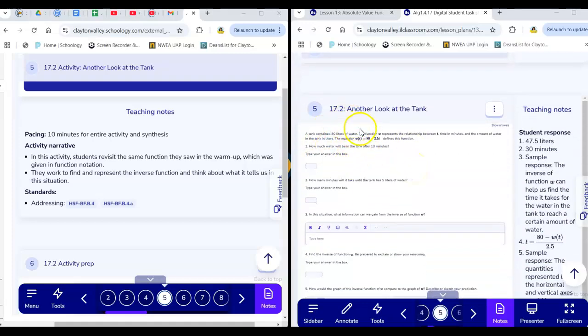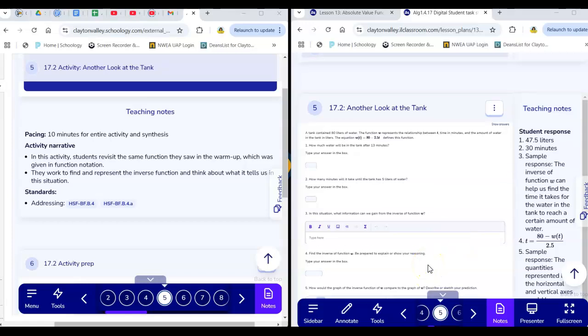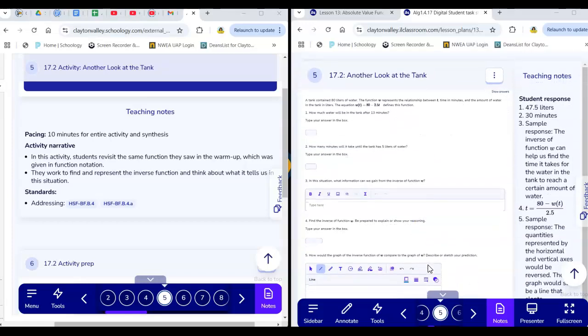So it was liters, 80 liters of water. So now what you're supposed to do here, and I'm going to invite you again to pause the video and answer these questions. So what they're asking you to do is they're starting to give you inputs, 13 minutes, and outputs, 5 liters of water, okay?